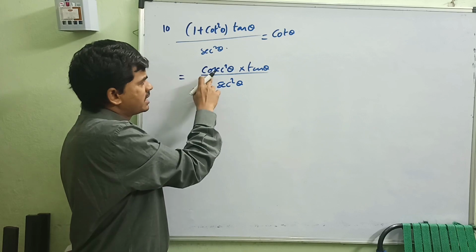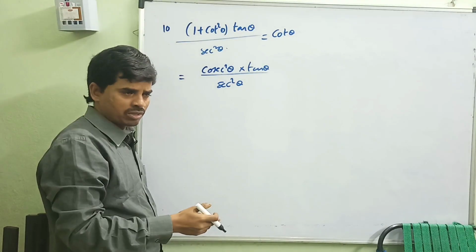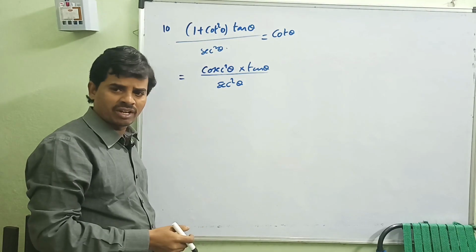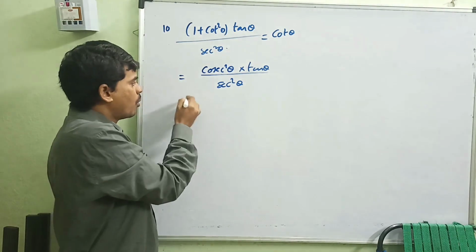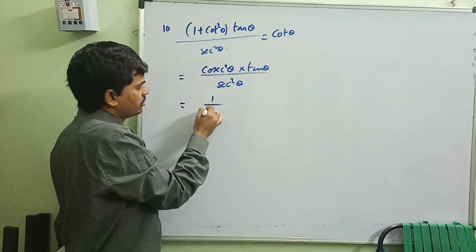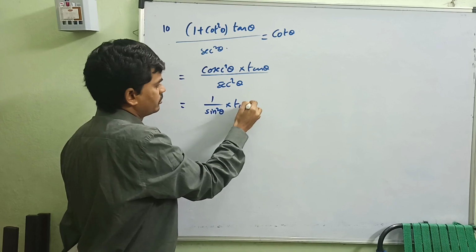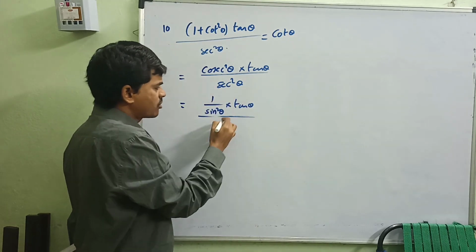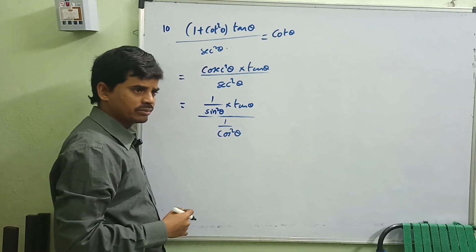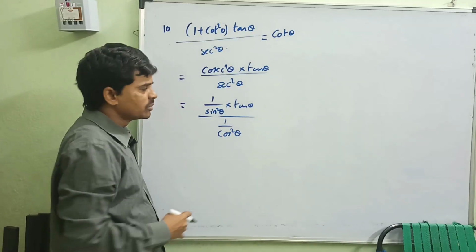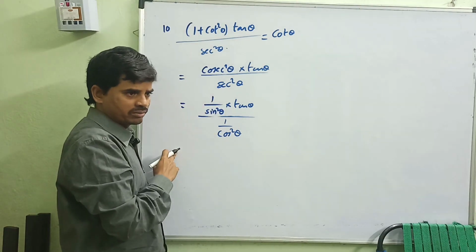Now what you can do, see, cosecant square and secant square, both of them convert into reciprocals. Cosecant square we can write 1 by sin square theta. Secant square also we can write 1 by cos square theta. So instead of using the identity, I am using the reciprocal.